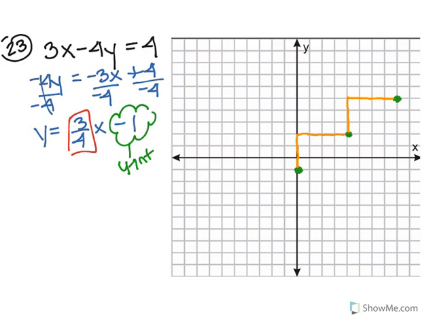Okay. Now, once you have those 3 points, you can connect. If you want to do points on the left side, you can also do those. That means I would go down 1, 2, 3, but I would have to go to the left 4. 1, 2, 3, 4. And that's where that point would be.